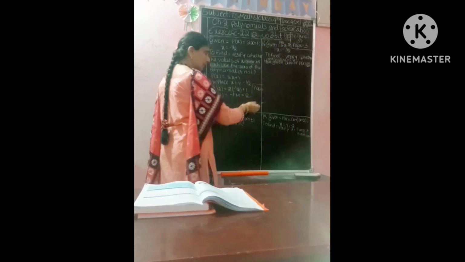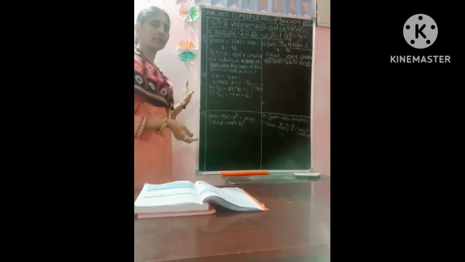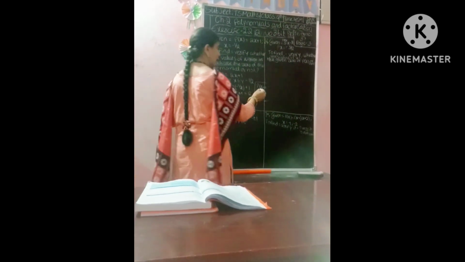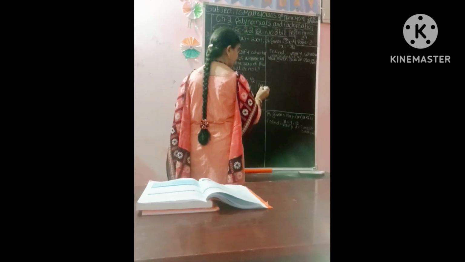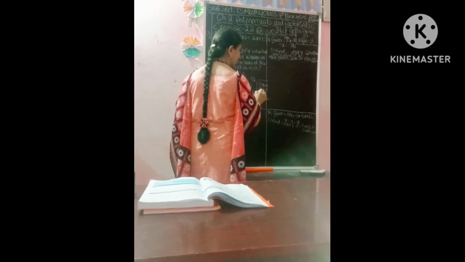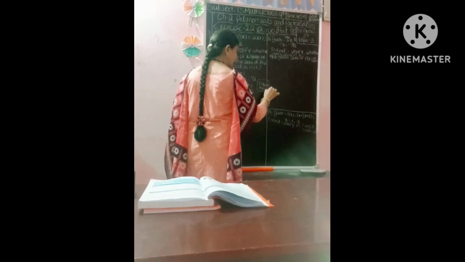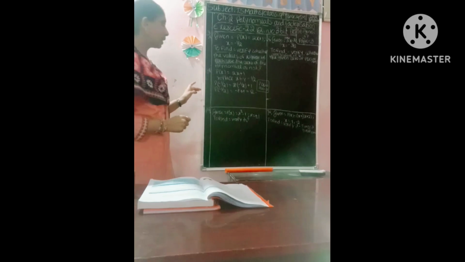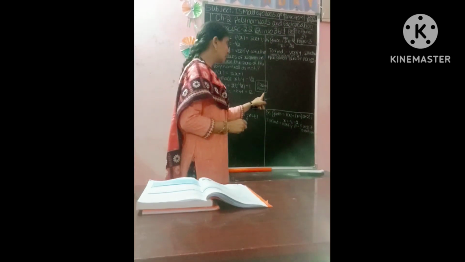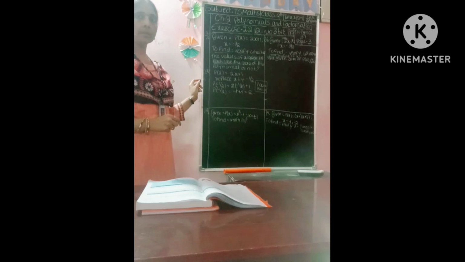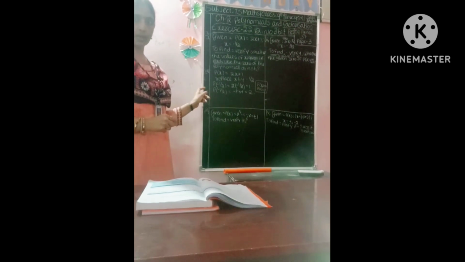In place of x, whether 0, 1, 2, 3, whatever value we substitute, if the final answer is 0, then that value is called a zero of the polynomial. If the resulting final answer is not equal to 0, then it is not a zero of the polynomial.